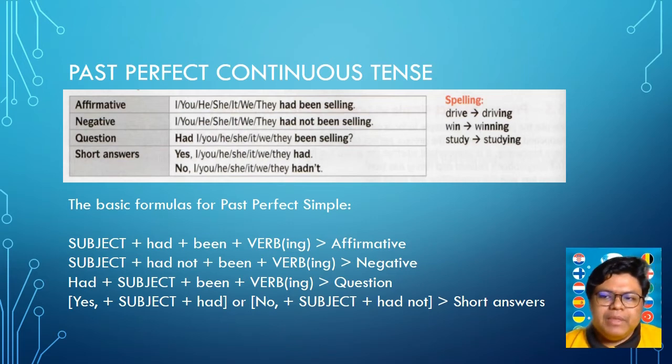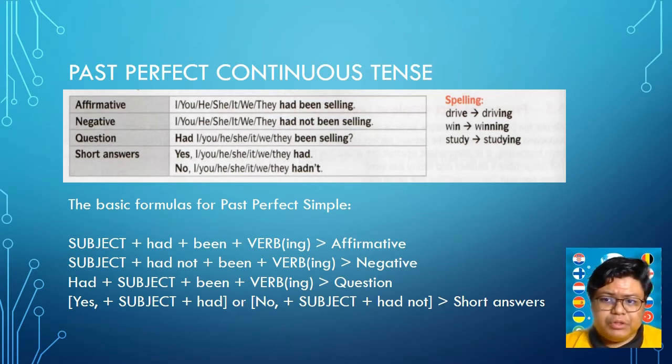If it's negative, then subject plus had not plus been plus verb with ing. If it's a question form, had plus subject plus been plus verb with ing, and don't forget the question mark.